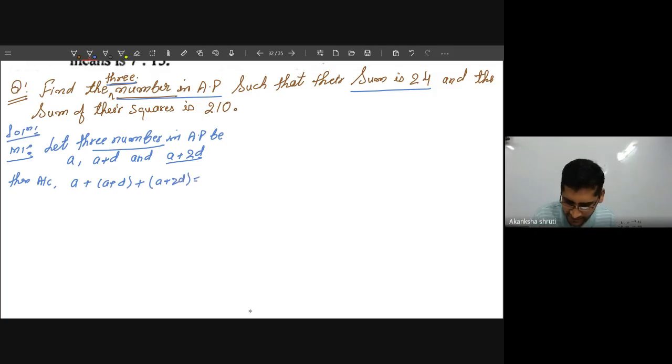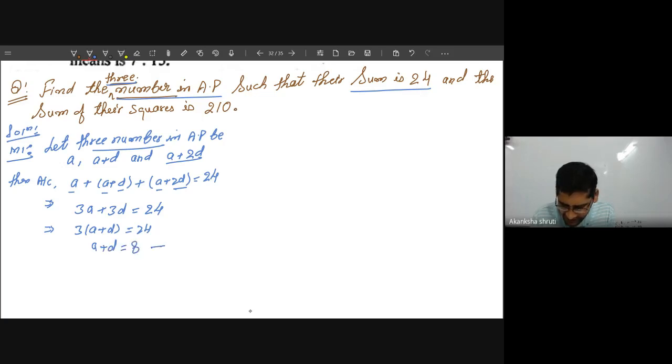This addition should be 24. Student, here a becomes 3a, and d is also 1d and 2d, plus 3d is equal to 24. Student, 3 can be taken common. So a plus d is 24, means a plus d is 8. So this way, one of the relations we have obtained.